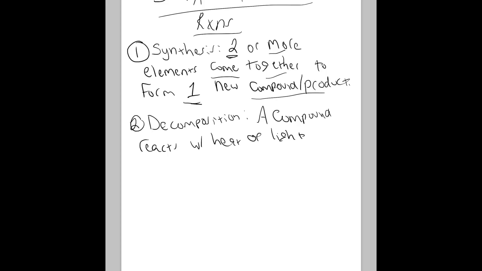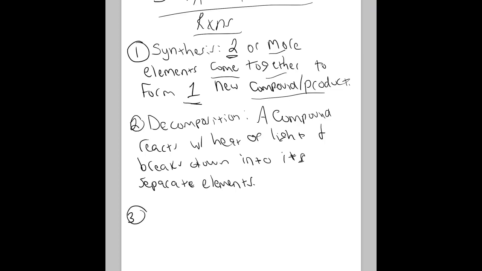And when it does that, it breaks down into its separate elements. Okay, so a decomposition reaction is when a compound reacts with heat or light, and then it'll break down into its separate elements.